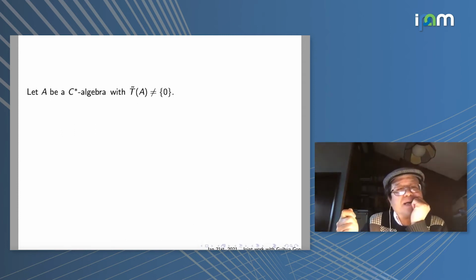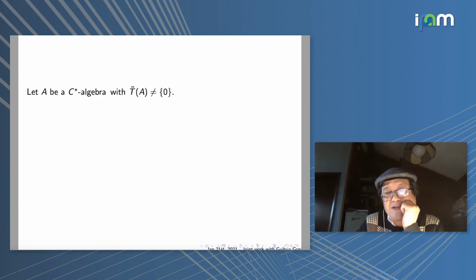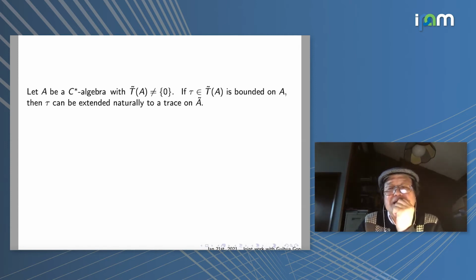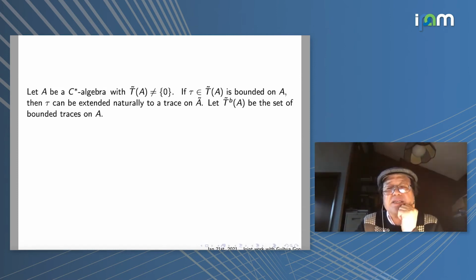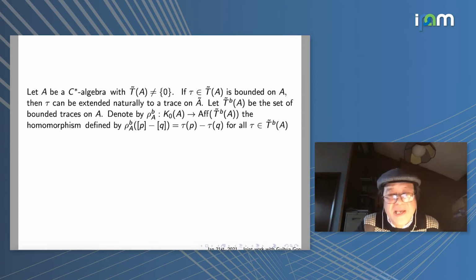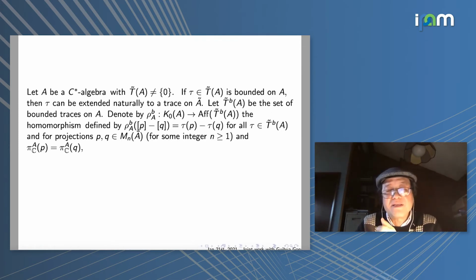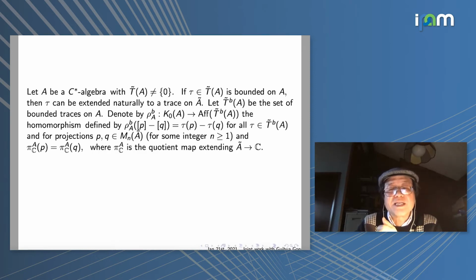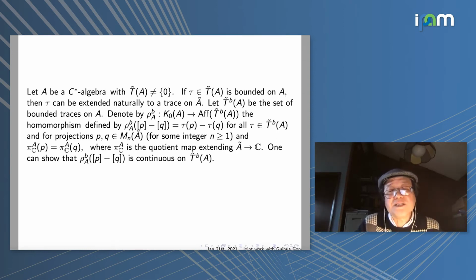So let's see, if you have a C-star algebra, assume you have some non-zero trace. If the trace is bounded, then you can nicely extend it to A tilde. Let's call this the set of bounded traces. Then you can define, in a similar way, a pairing. It turns out that it is a continuous affine function.